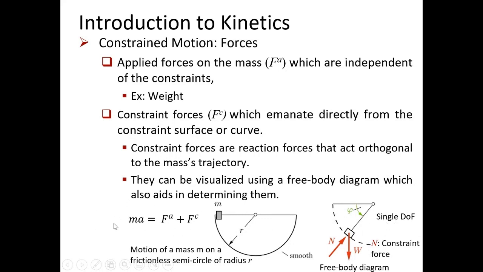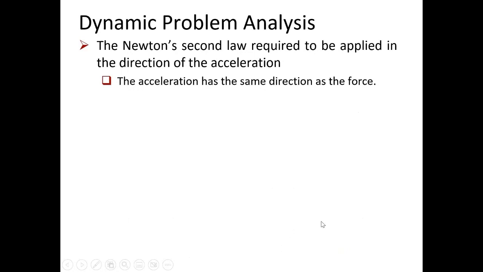So there are two force components: the applied force and the constraint force, N and R. And then we can use Newton's second law to find the dynamic forces. Again, remember, we are analyzing dynamic forces, not static forces. Therefore, the forces coming due to acceleration need to be considered.